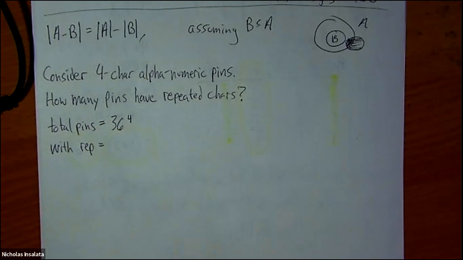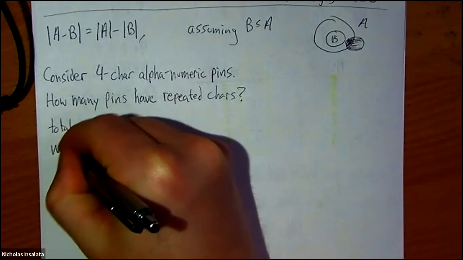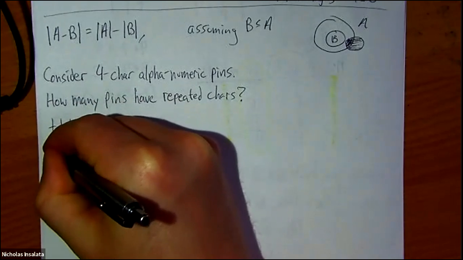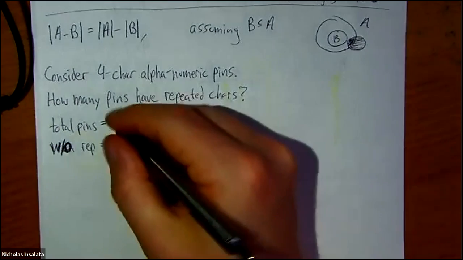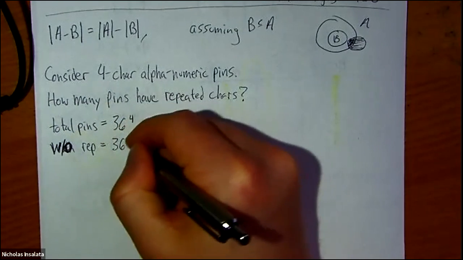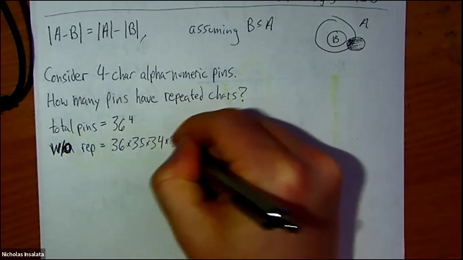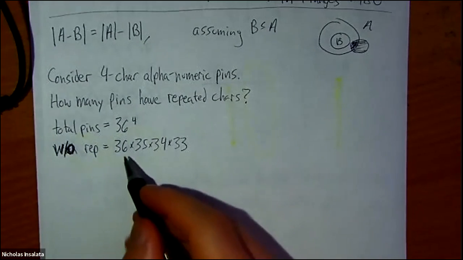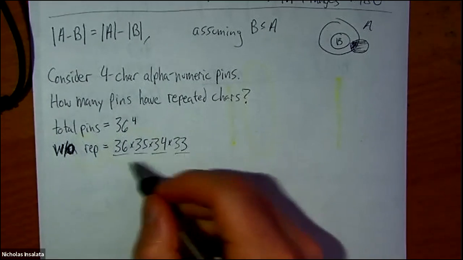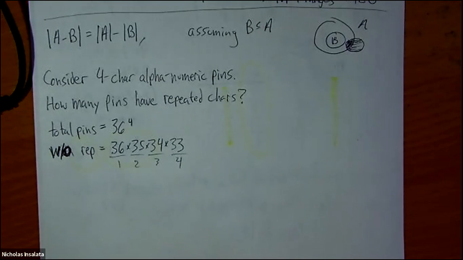Okay. How about the ones with repetition? Oh, sorry. Without. I'm sorry. Wait, did I do that wrong? Yeah, sorry. Without repetition. There we go. 36 times 35, 34, 33, right? Because you can't use any of those repeated items in each further slot for slots 1, 2, 3, and 4, right?